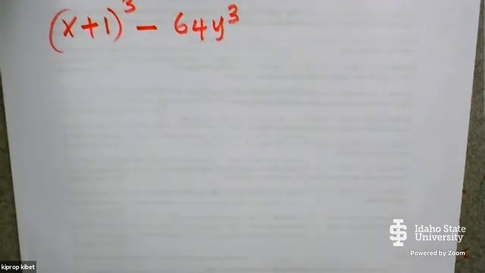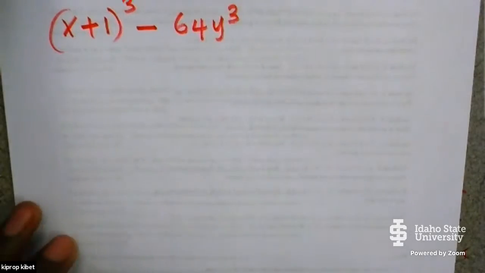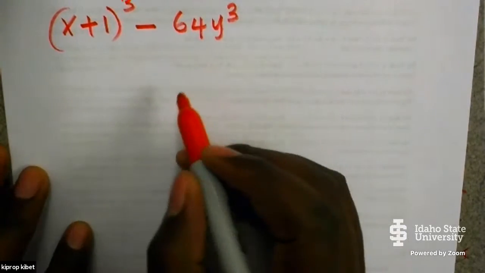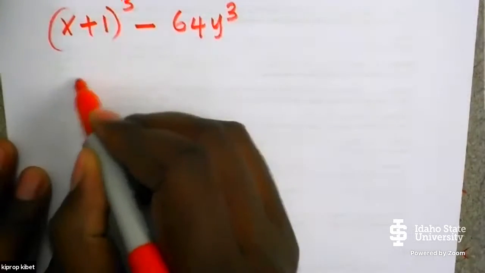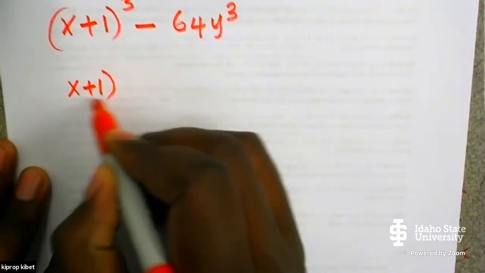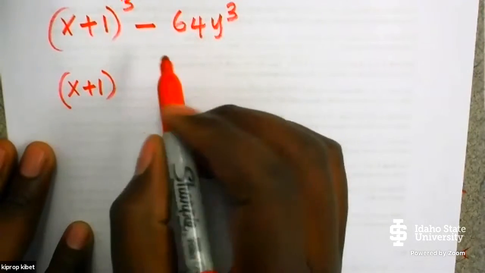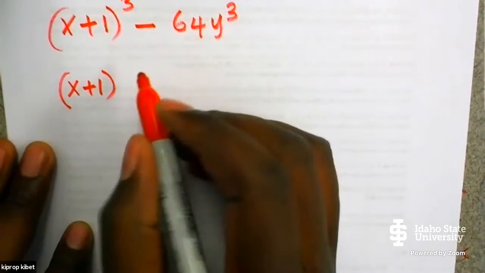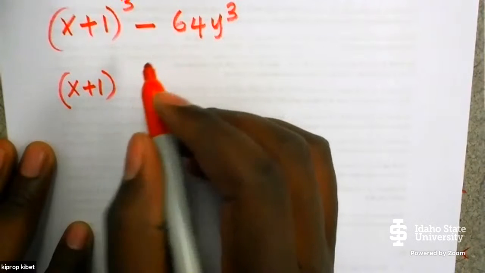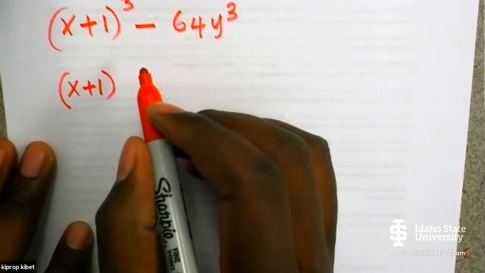Do you still remember how we were doing? Okay, so this is like number 2, right? Yeah, so this one is like x minus 1. And then x minus, x plus 1.